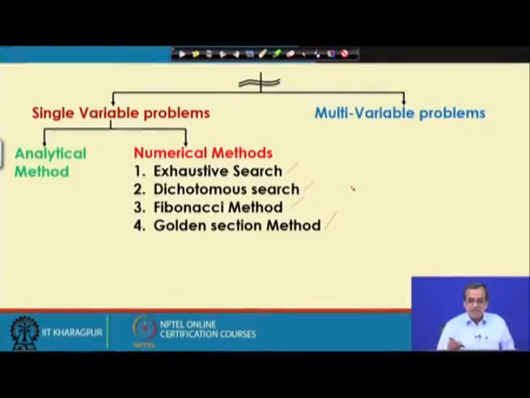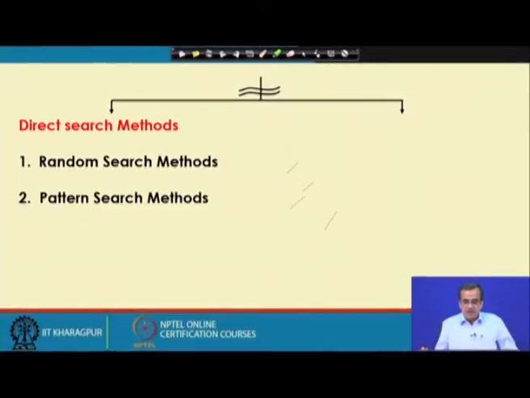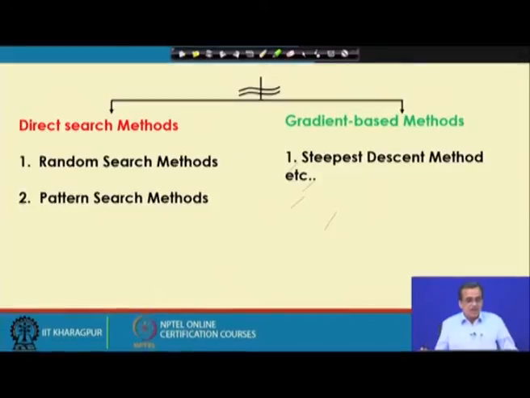Similarly, if I see the multivariable problems, these can be further classified into 2 subgroups. One is called the direct search method, another is called the gradient based method.